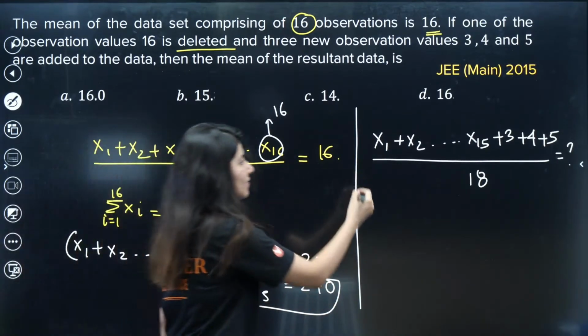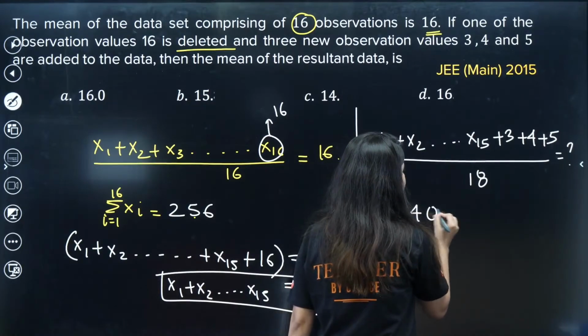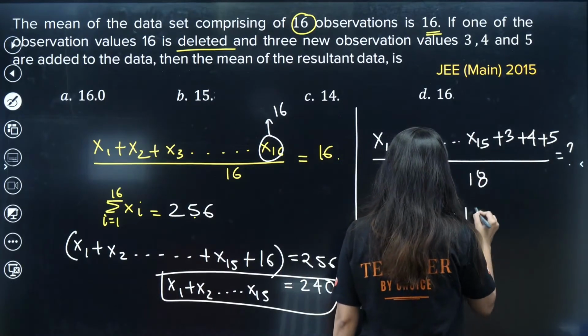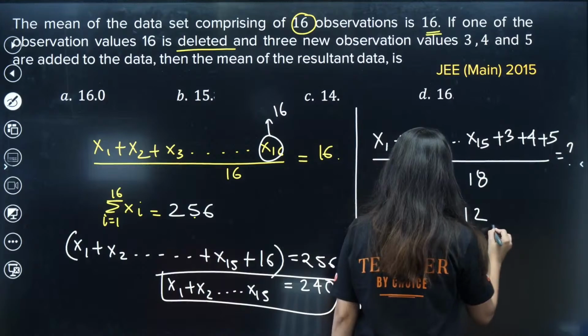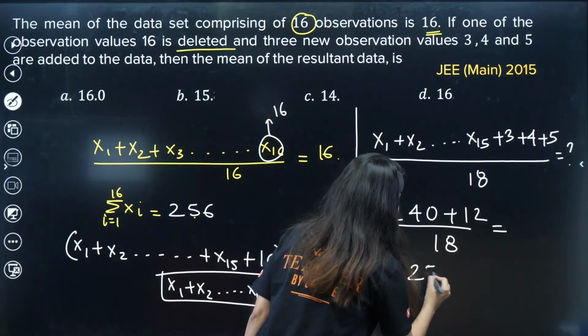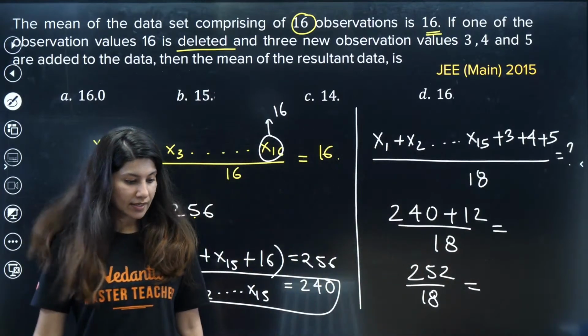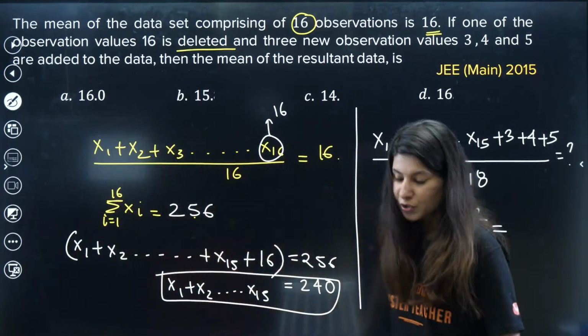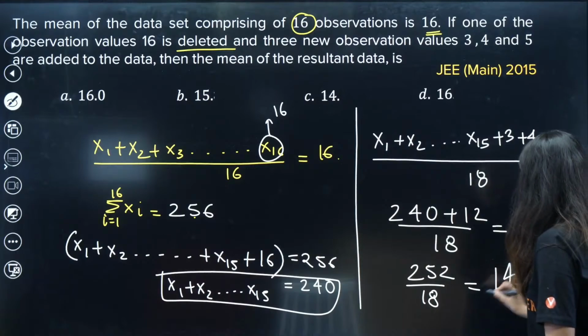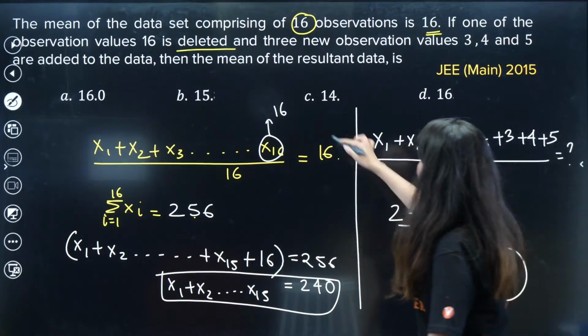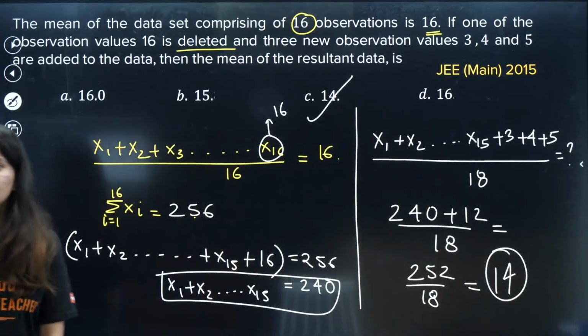You can plug in this value over here. So (240 + 3 + 4 + 5), that is 240 plus 9 plus 12, upon 18. This value you need to calculate: 252 by 18, and the correct answer would be 14. So if you calculate it, the correct answer would be 14, option 2.